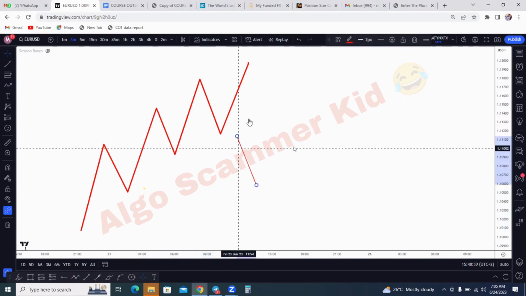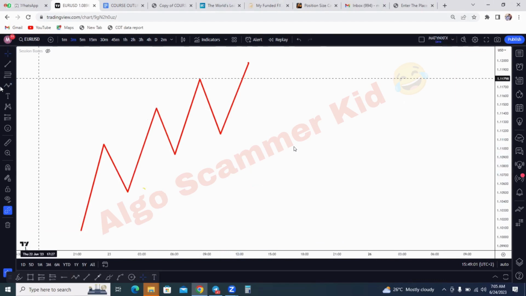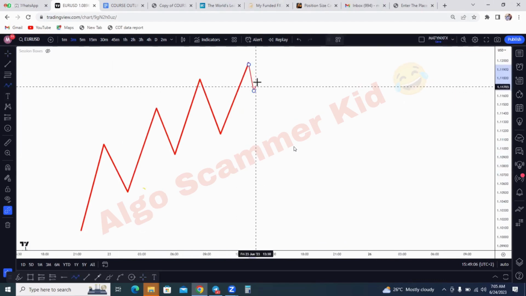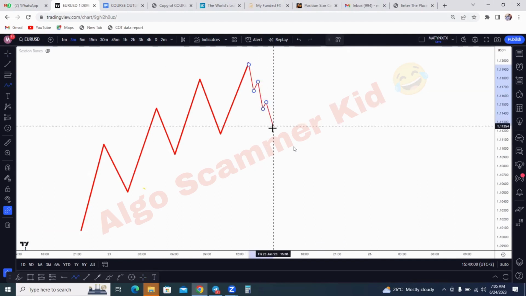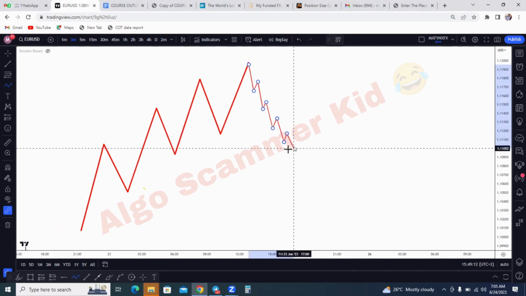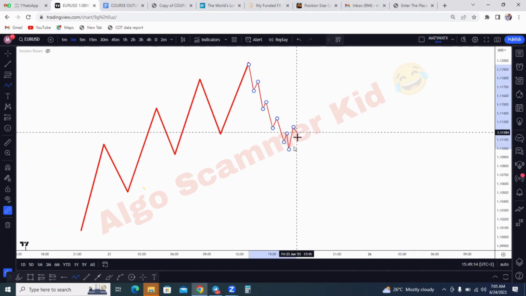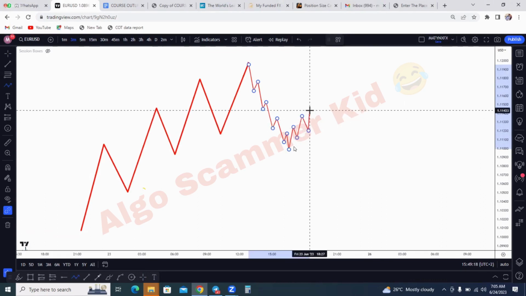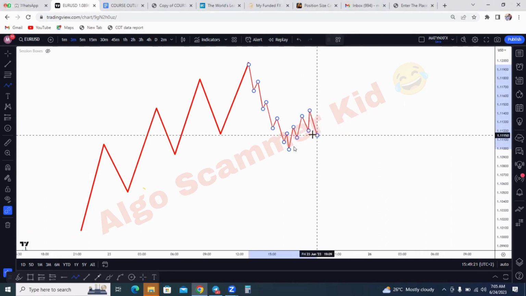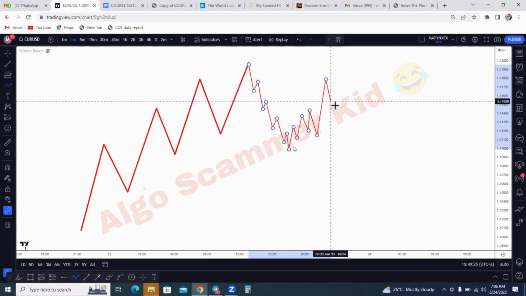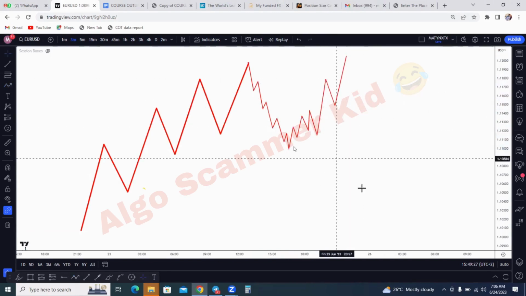For price delivery, price might be coming back, but after the inducement, you can have something like this, your re-entry for your price delivery to complete the algo cycle.